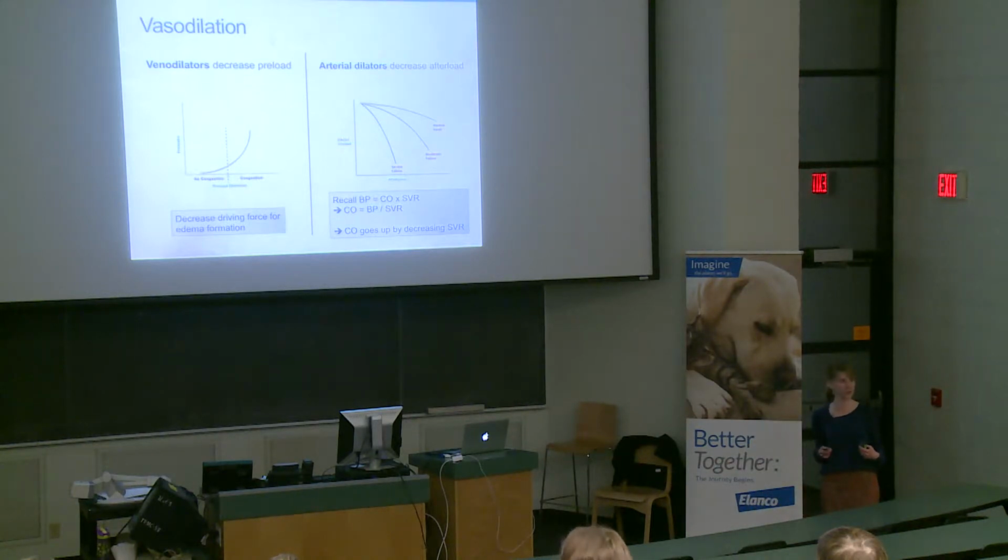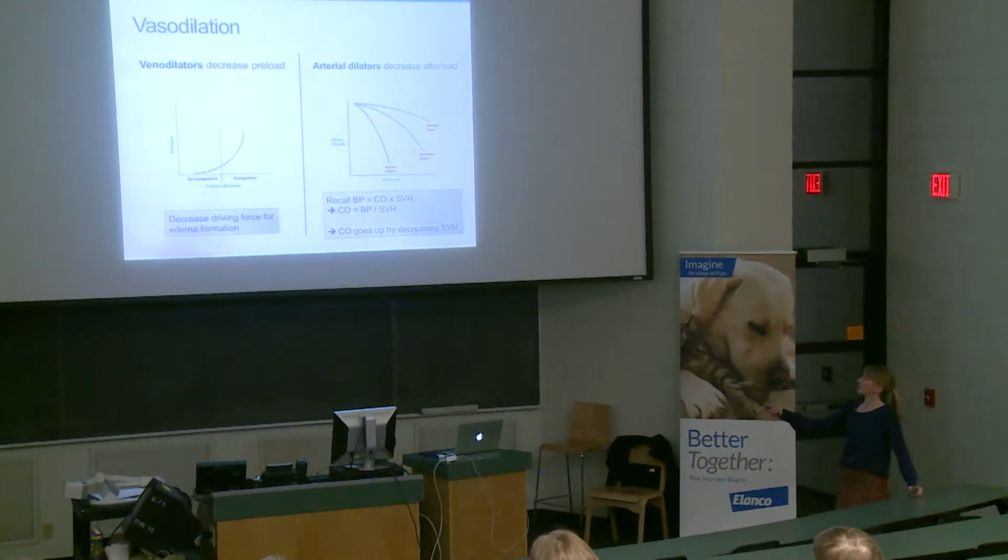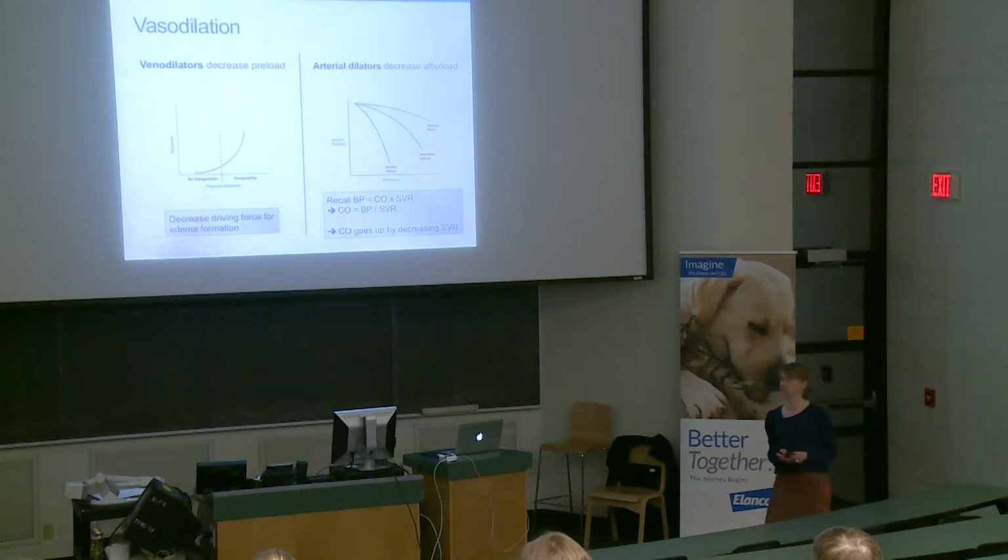Additional help with preload reduction. Arterial dilators are going to decrease that afterload, or the systemic vascular resistance that we've been talking about. Recall that blood pressure is cardiac output times systemic vascular resistance. So if we shuffle that formula around, we see that cardiac output is blood pressure divided by systemic vascular resistance.